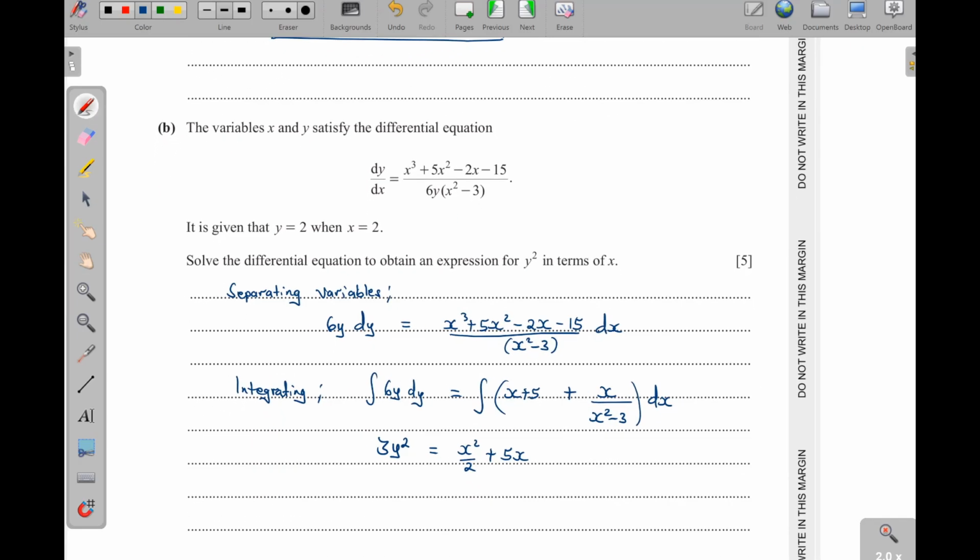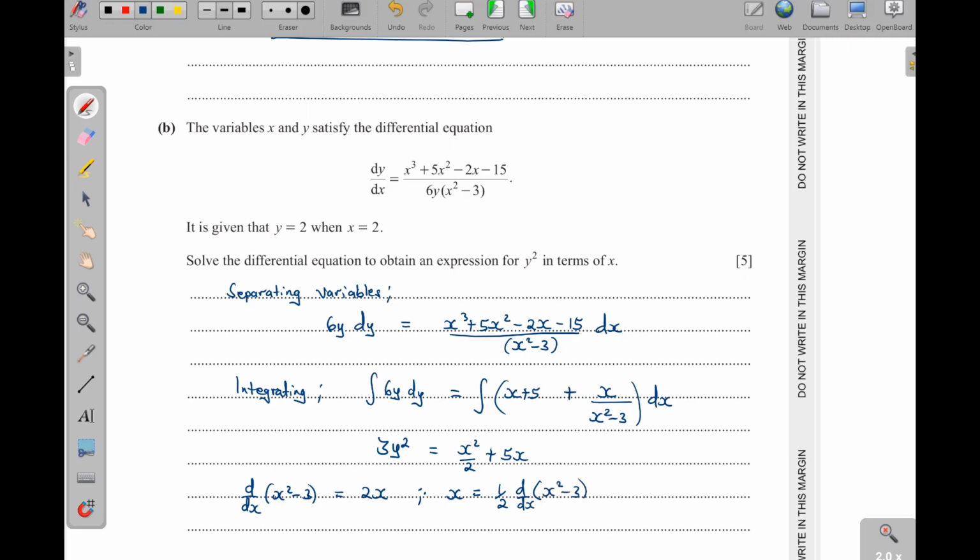Next, you can see that when you differentiate x squared minus 3, you get 2x. Now, the x up there is a half of this 2x, not so? It is a half of the derivative of this x squared minus 3.